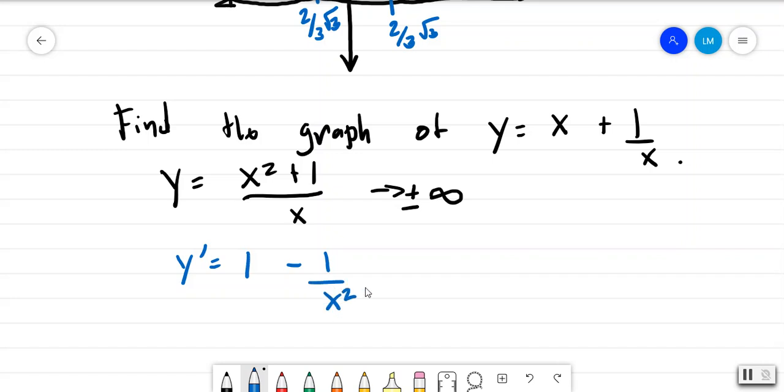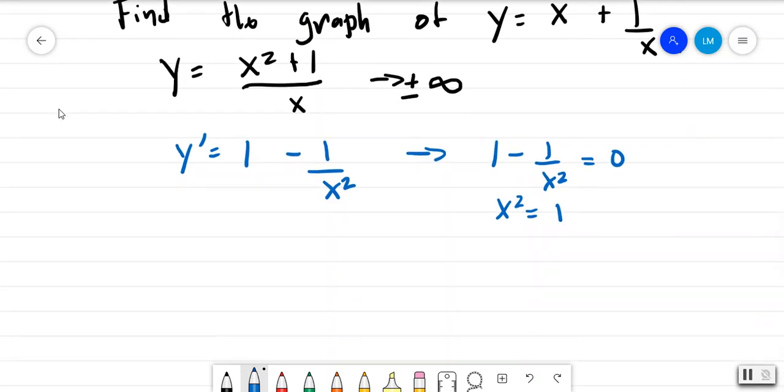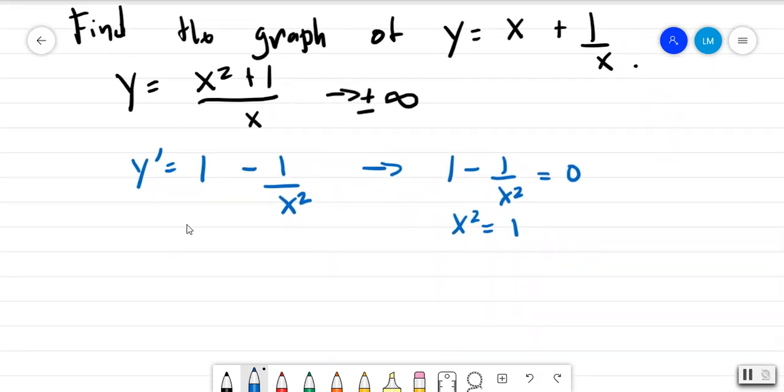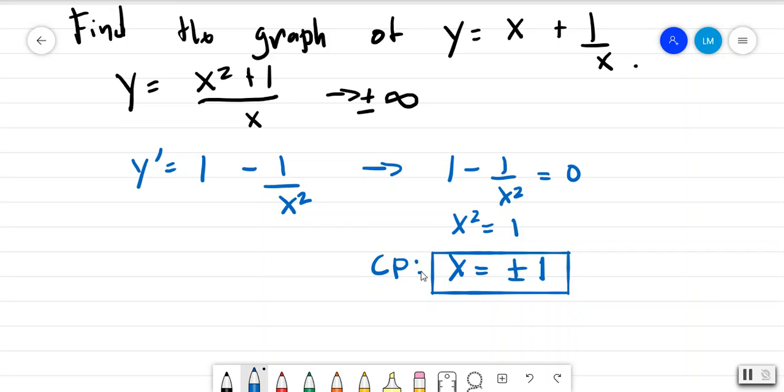If I set this equal to 0, I have 1 minus 1 over x squared equals 0, which means that x squared equals 1. This tells us that x equals plus or minus 1. So these are our critical points.